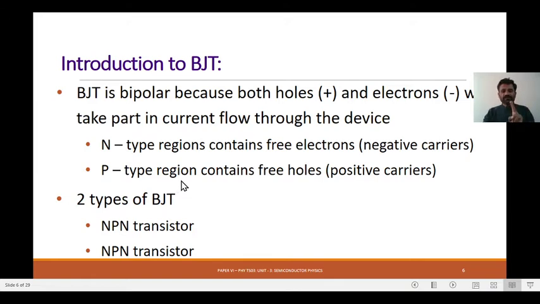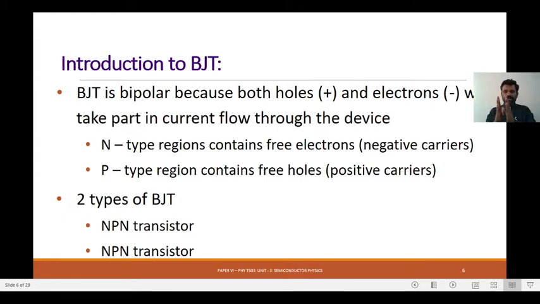The two types of BJTs, bipolar junction transistors, are NPN transistors and PNP transistors. What is an NPN transistor? N means negative, P means positive, again N means negative. A P type semiconductor is sandwiched between two N type semiconductors so that there is a formation of NPN.